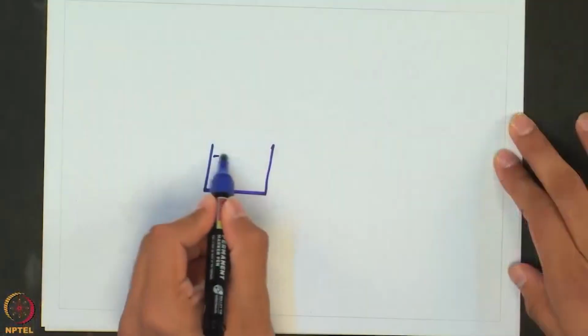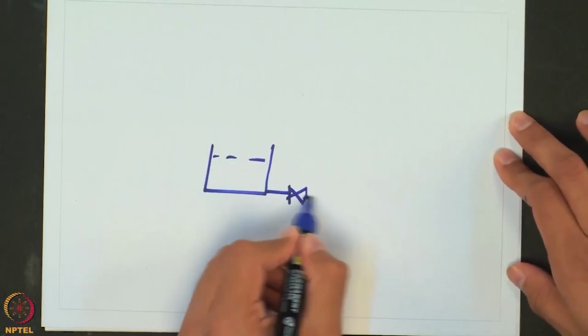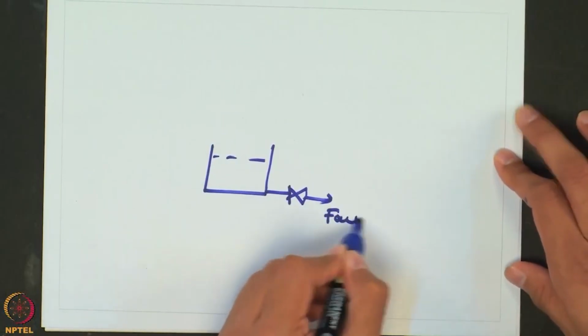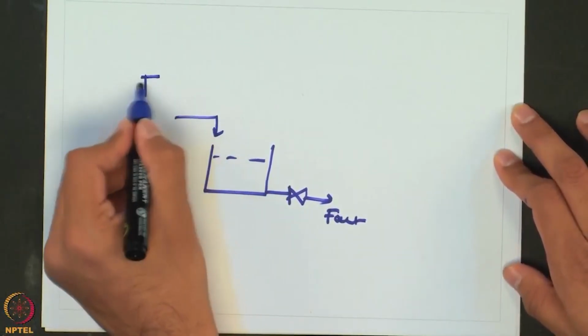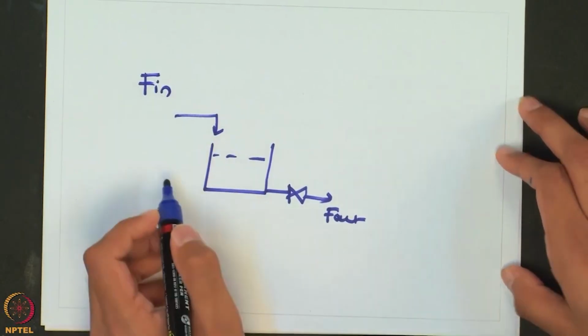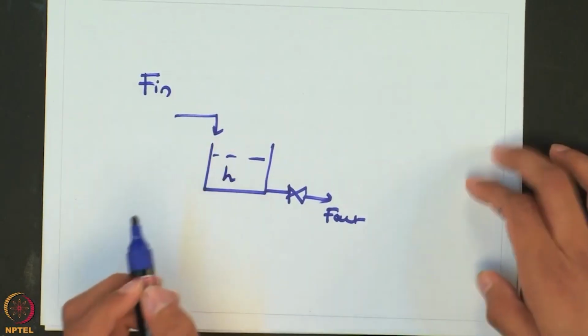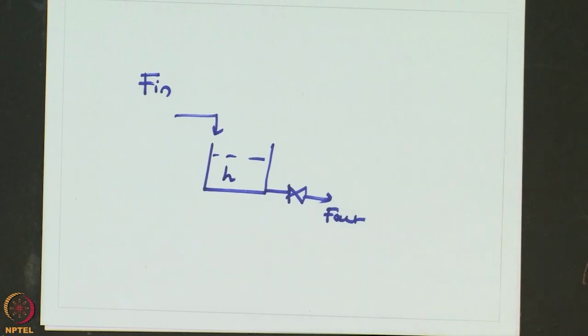Let us now look at what are the different elements of a control system, and we will work with this same example. So, this is our system where we want to control the level or height inside this tank.